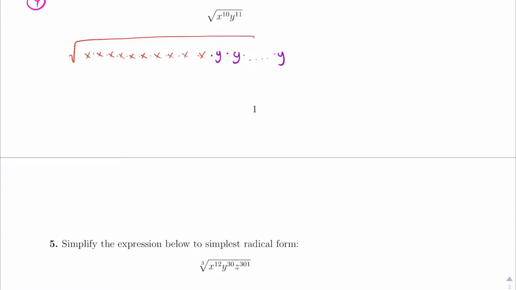We want to write these as squares because we have a square root. No number there. So we've got 1, 2, 3, 4, 5 pairs, and that should make sense: 5 pairs gives us 10 total x's. So we've got x squared, x squared, x squared, x squared, x squared.